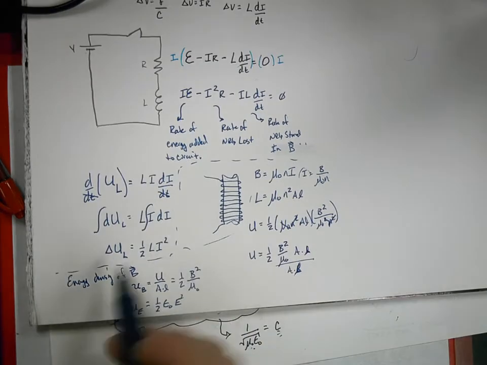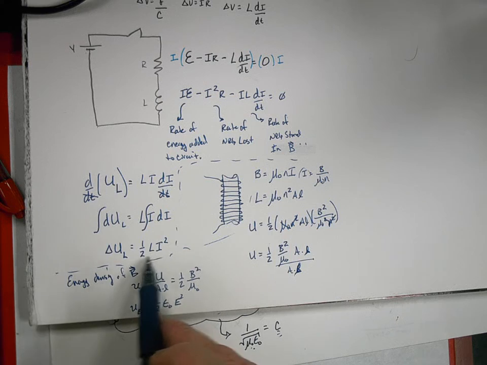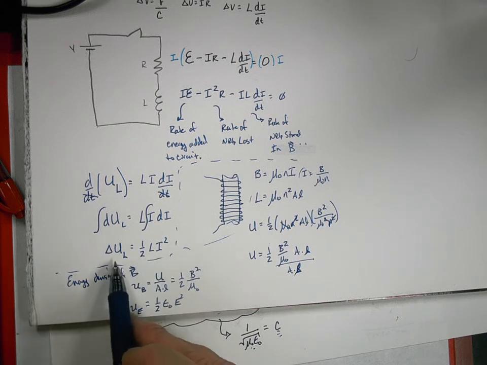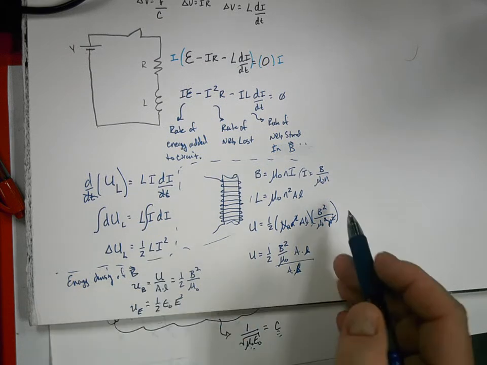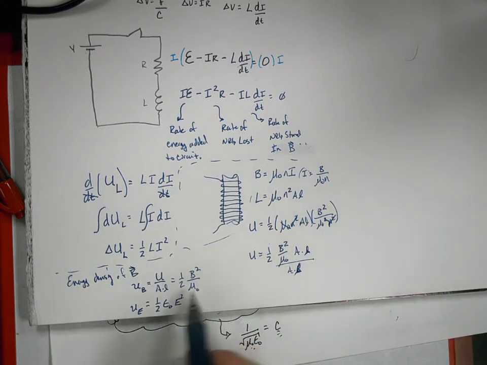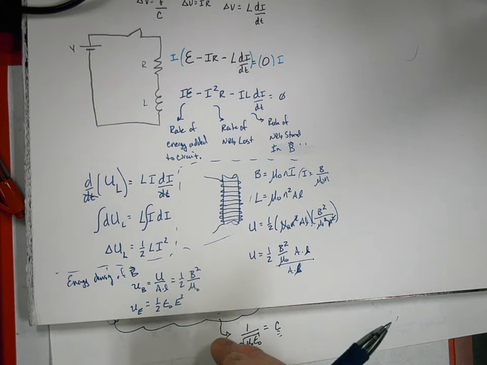From that, we can calculate the potential energy that is stored is 1/2 L I squared, where it's our inductance times the current squared. And then from that, we get to our energy density, which is 1/2 of the magnetic field squared over the permeability of free space.